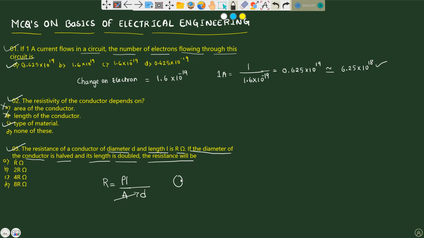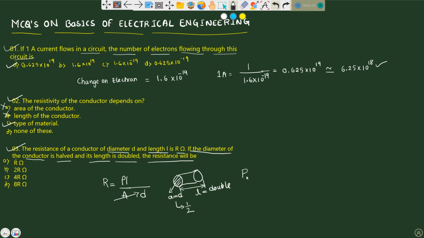So this is a conductor, this is the area, which is related to the diameter, then this will be the length. What they are saying is length is doubled whereas area or diameter is halved.